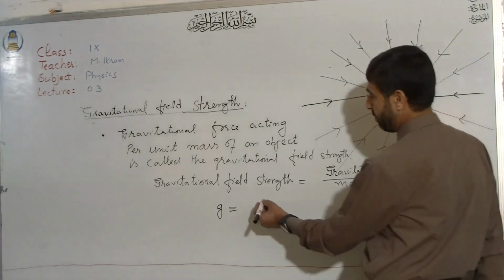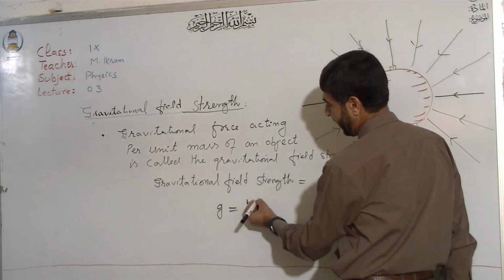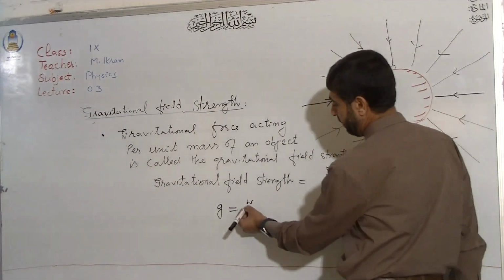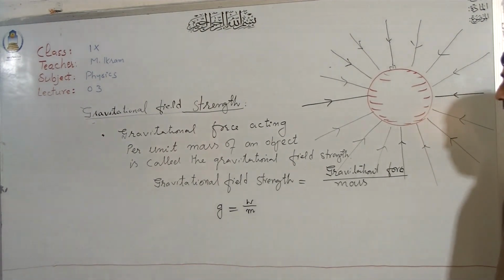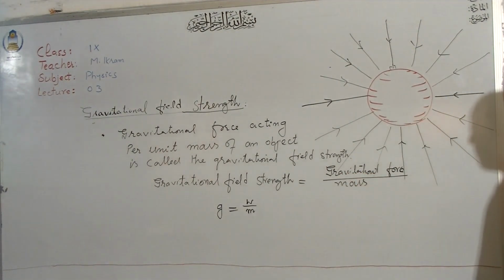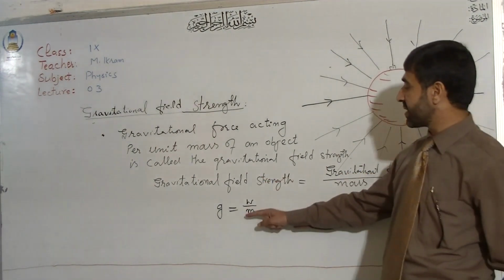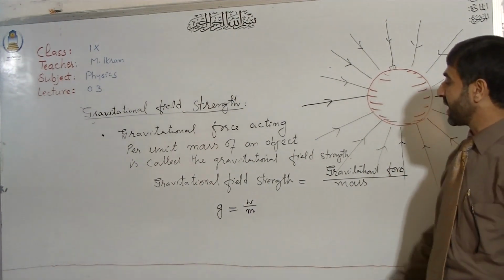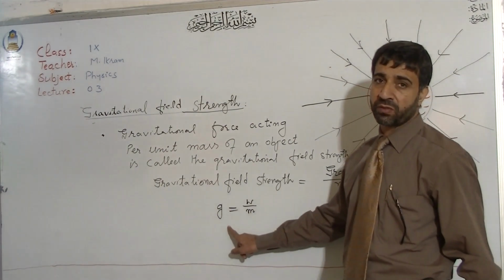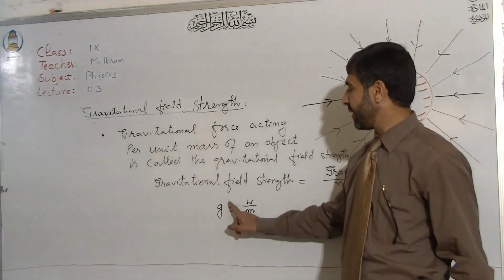So this is very simple. We write g equals W divided by m, the mass of an object. This gravitational field strength is in fact another name for the gravitational acceleration which you have studied in the kinematics chapter.